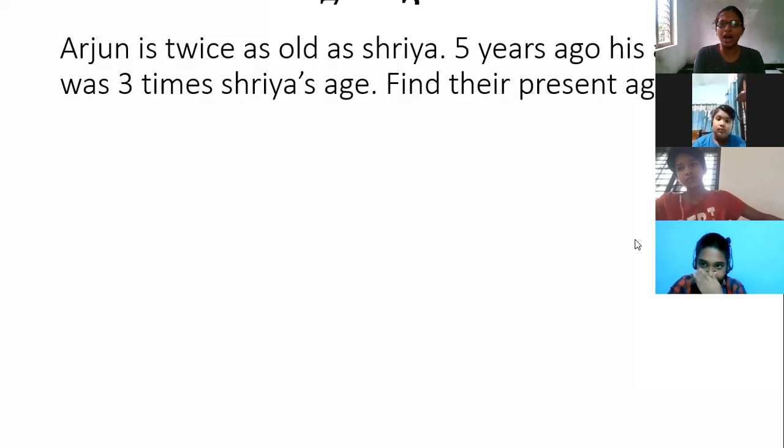Okay, then how can we choose variables in this problem? Whose age should be a variable? How can we choose? You just read out the problem. Arjun is twice as old as Shriya. 5 years ago, his age was 3 times Shriya's age. Find their present ages.